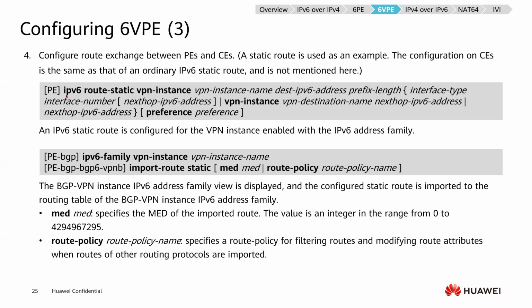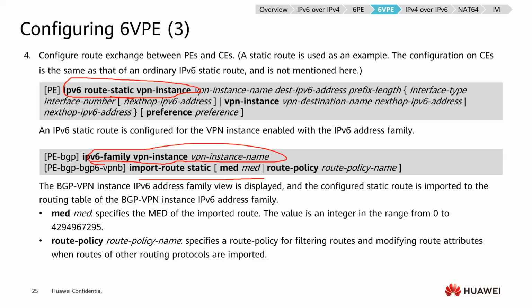First, for the PEs, because you have created the VPN instance and bound it on the interface, you need to configure the IPv6 VPN instance static route with this command. It's not a normal IPv6 static route. And then, because you have established the IBGP, you need to import this static route into the IPv6 family of the VPN instance.